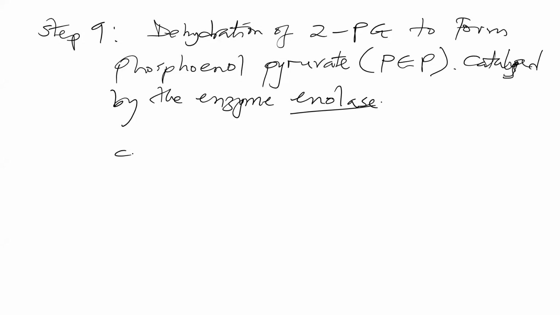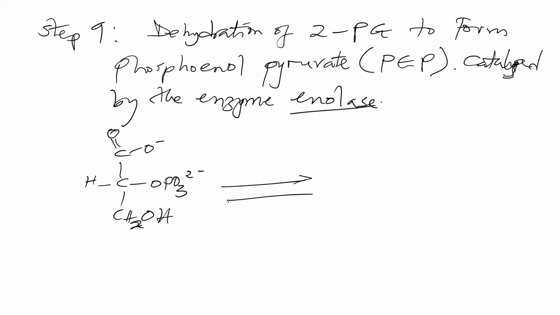The structures associated with that. So we start by drawing the structure for 2-phosphoglycerate. Hydrogen there, CH2OH. Again, the reaction is reversible. So you have enolase as the enzyme. We have said that this is a dehydration reaction, so we are losing water.